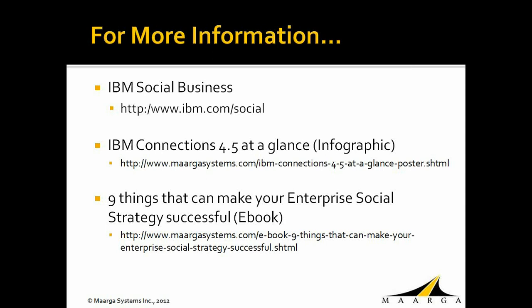This is like a poster. It shows IBM Connections 4.5 features at a glance. You can download it at the URL mentioned there. And when we email you a follow-up, we will send you this link so that you can download the poster and take a look at it. This has been shared a lot by IBM Social Business users and experts within IBM as well.